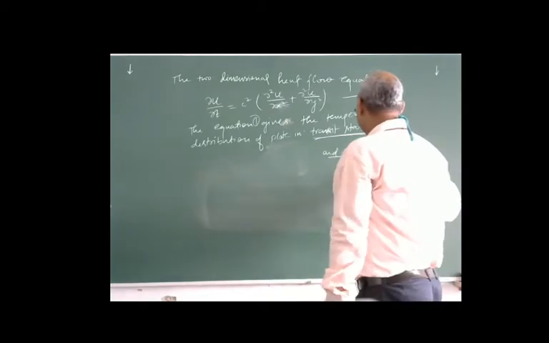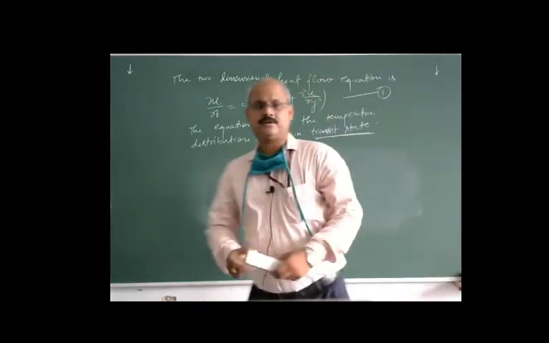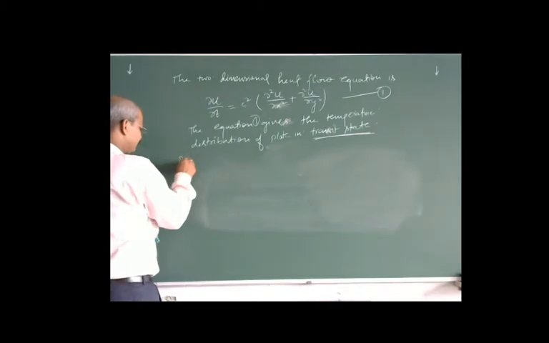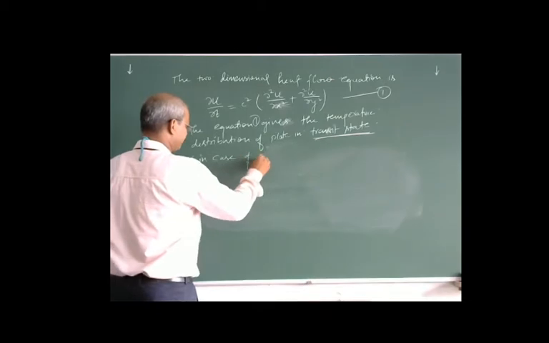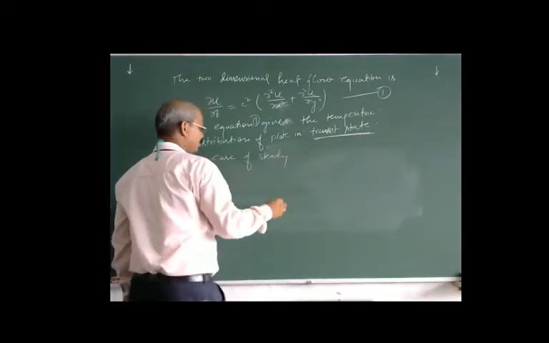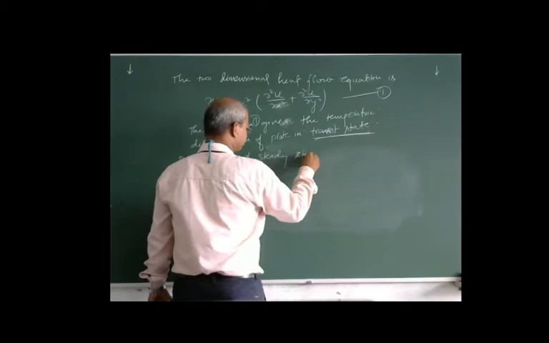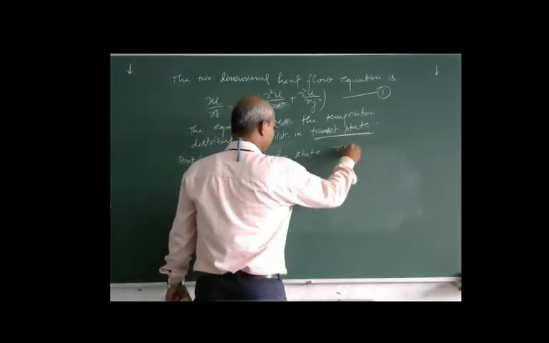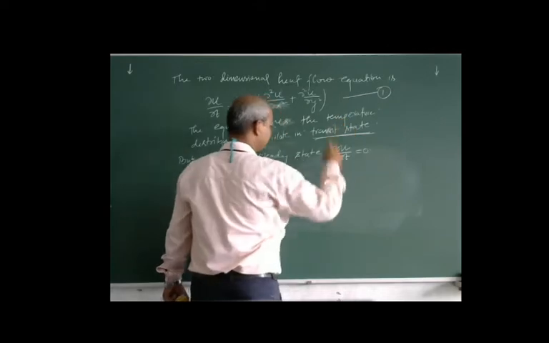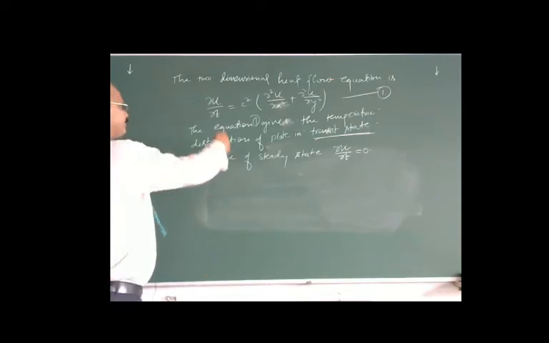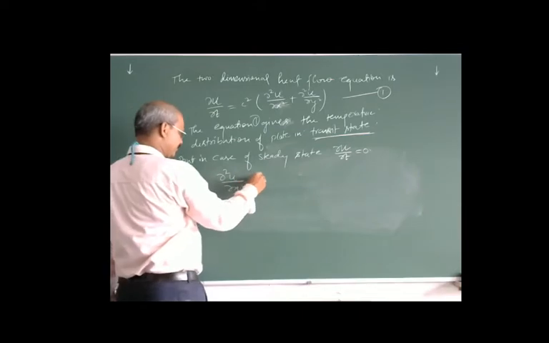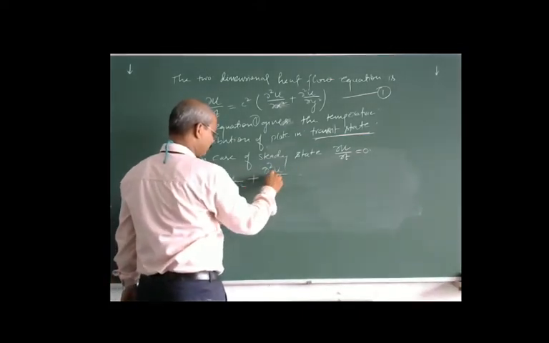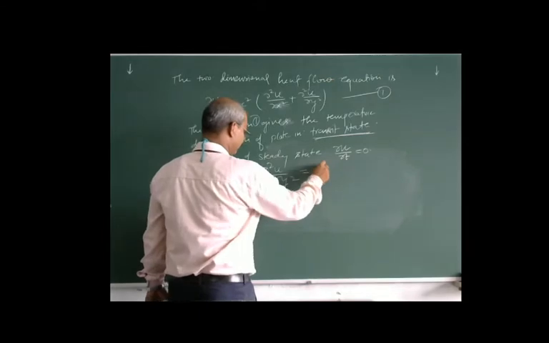So, in case of steady state, del U by del T becomes 0. So now equation 1 becomes del 2U upon del X square plus del 2U by del Y square is equal to 0.